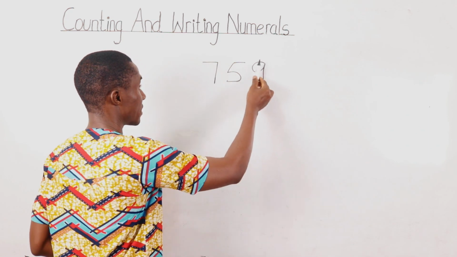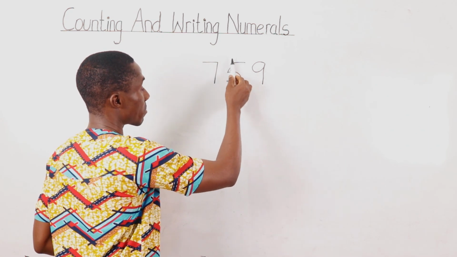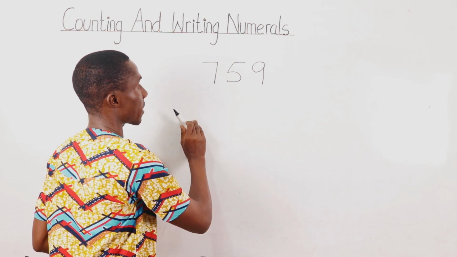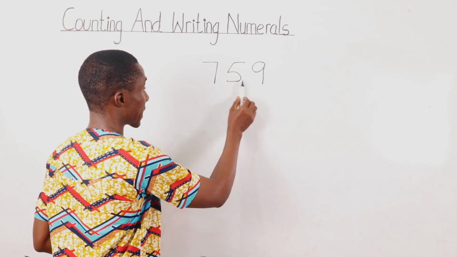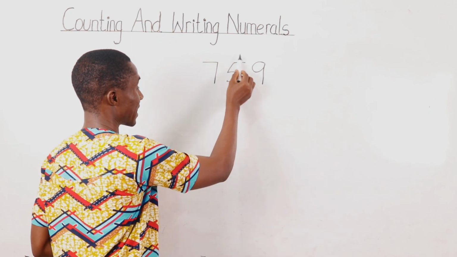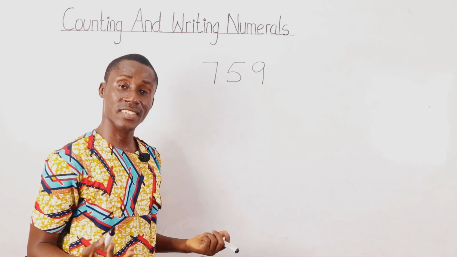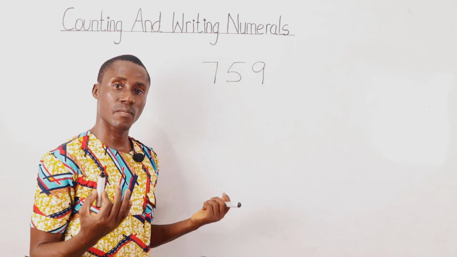The second digit 5 in this number is in the second number place, which is the tens place.